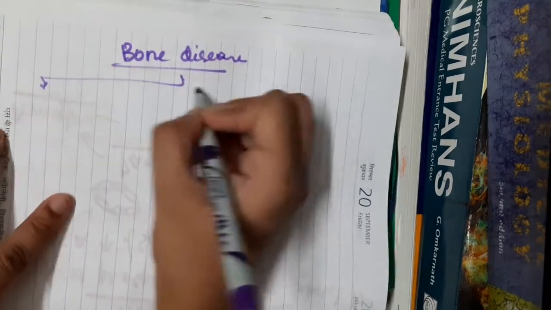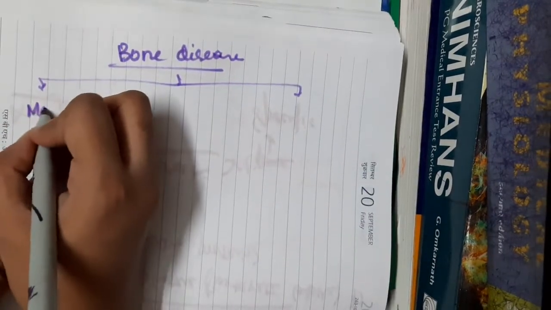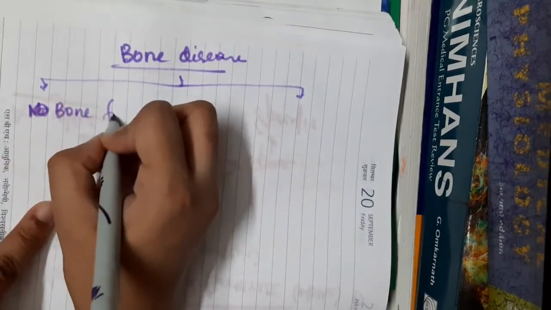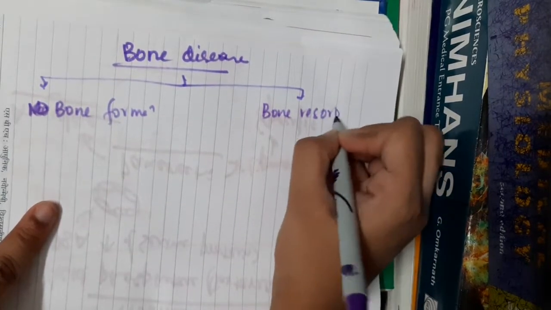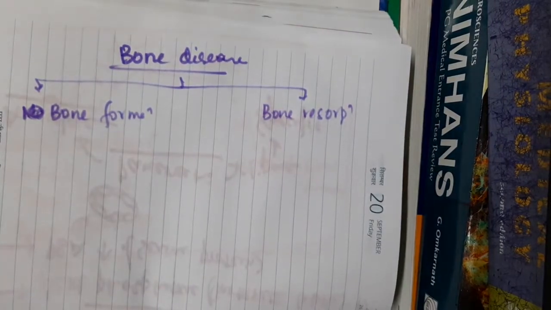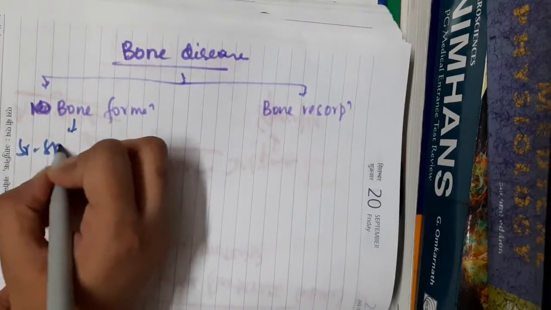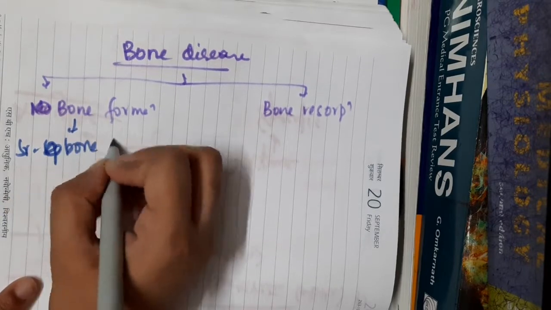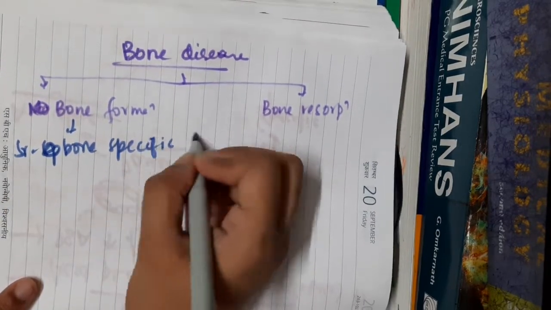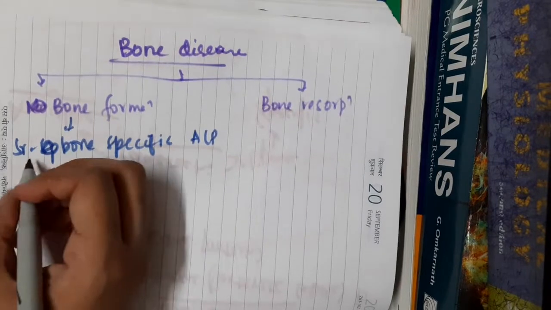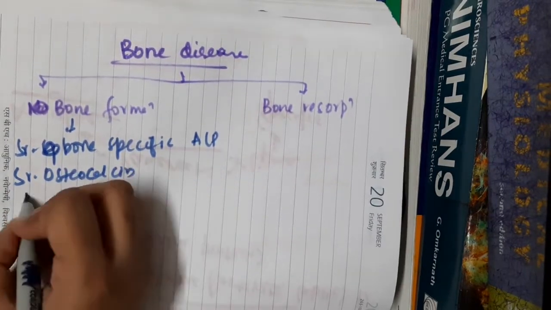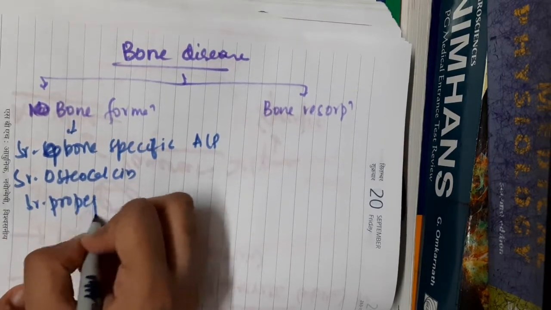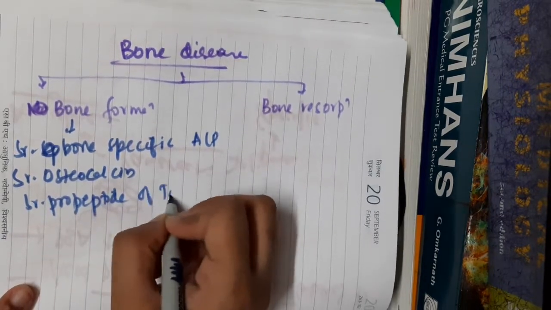Next, the markers of bone disease. There are markers for bone formation and markers for bone resorption. Markers for bone formation are serum bone specific ALP, serum osteocalcin, and serum propeptide of type 1 procollagen.